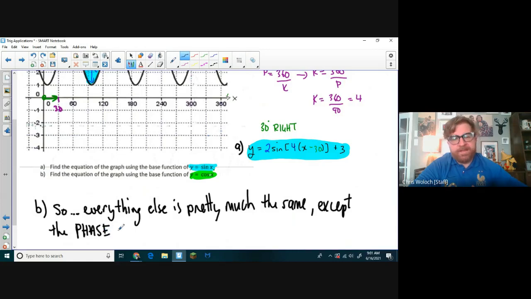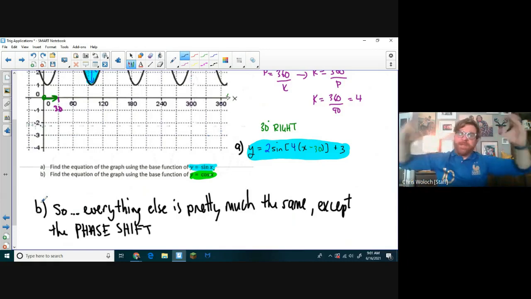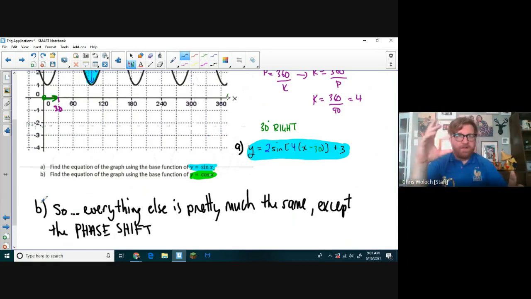I guess there's one other thing that can change, and that's you could have it reflected over the x-axis, but that just changes whether the graph goes like this or like that. I'm sure you understood everything with my hand gestures, but that still doesn't change the amplitude at all.